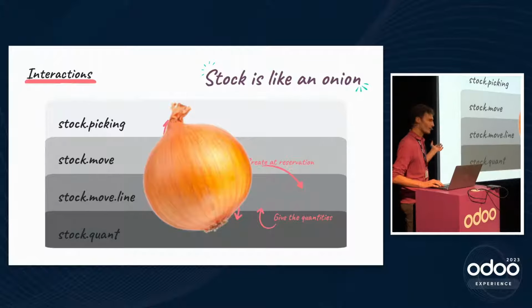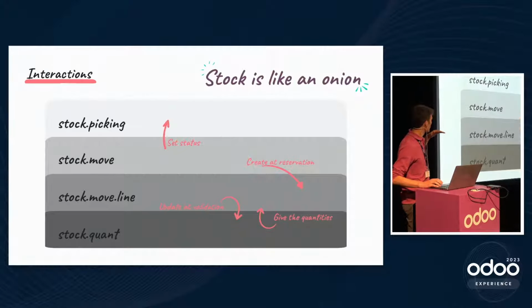So you need to see the stock model like an onion, with different layers, and layers only talk to the ones that are near to them. So for instance, a stock move has a state, and the stock picking gets its state from the stock moves inside it. The stock move with the reservation has some stock move lines created. The stock move lines created get their quantities from the stock quants.